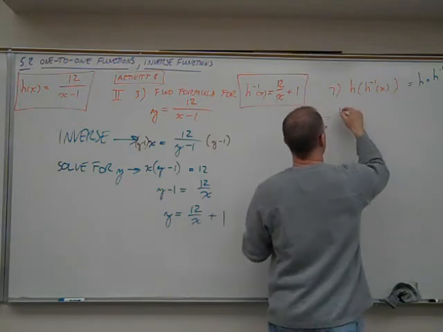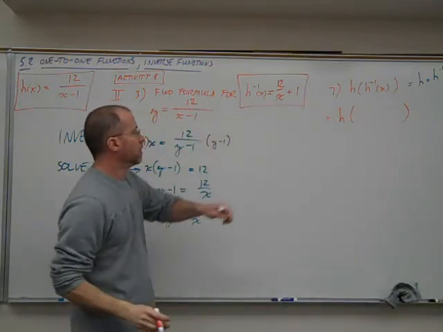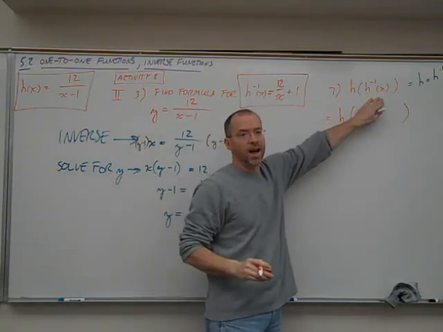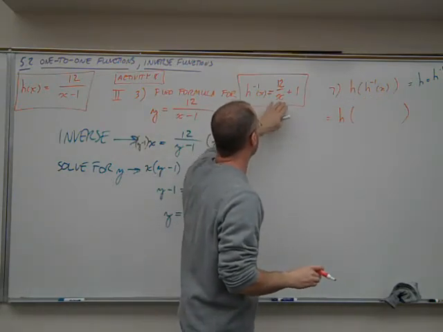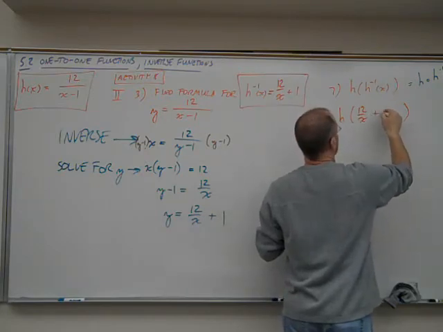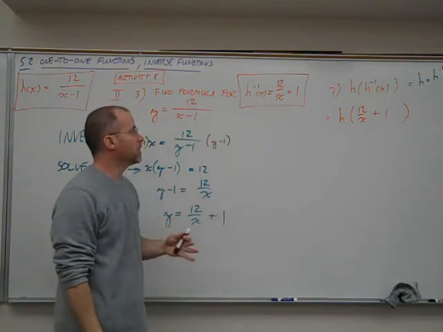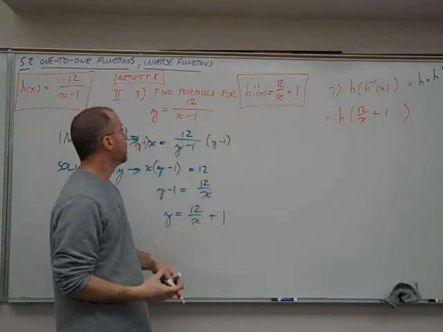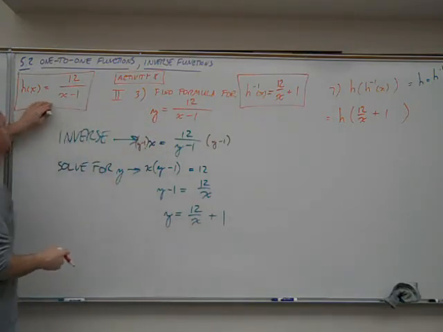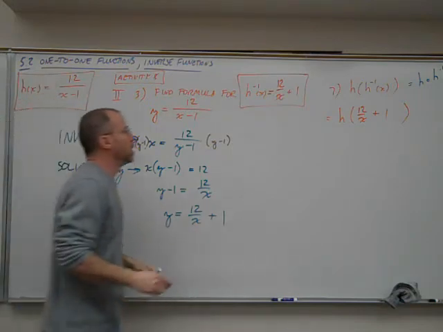So this is h of, I want to always start from the inside and work out. H inverse is 12 divided by x plus 1. So h of h inverse is h of that formula. And then h, you see way over here, is 12 over the input minus 1.